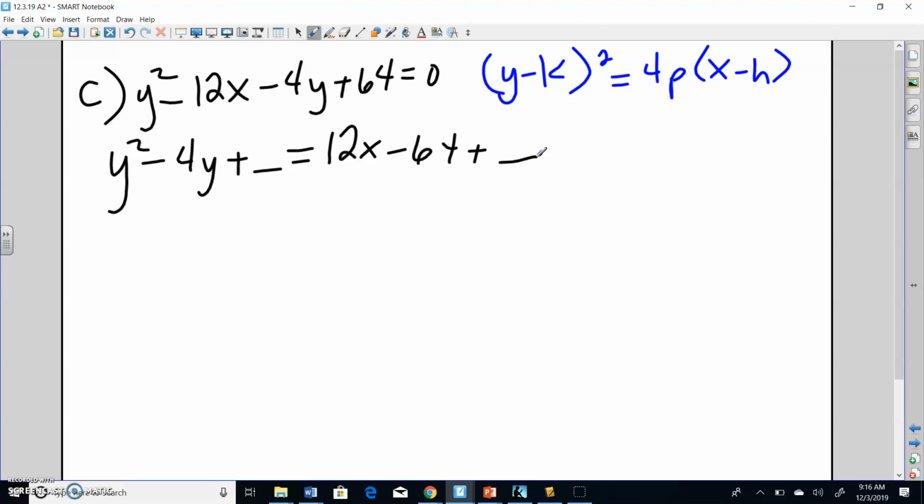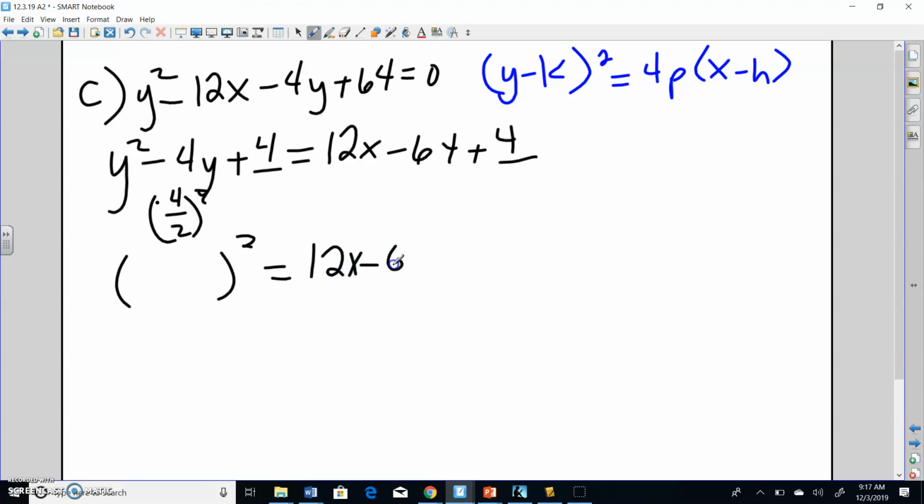What goes in that blank? 4. How did you get that? Negative 64 plus 4 would be negative 60.